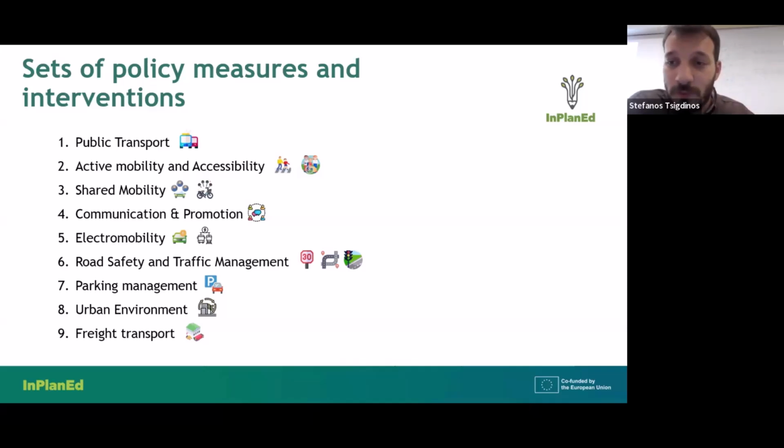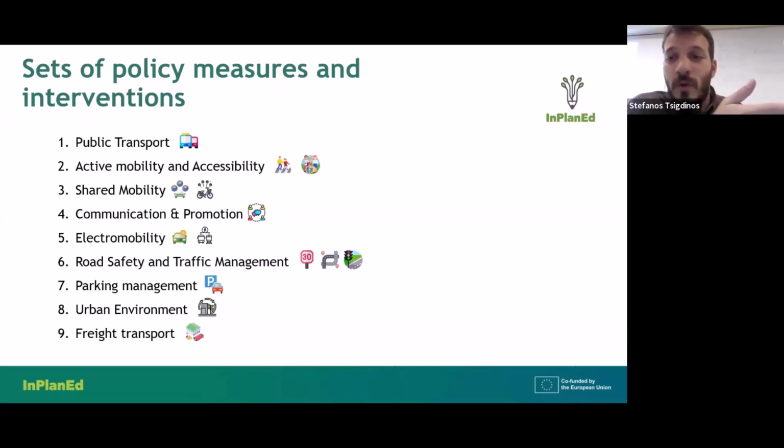So we have public transport, first of all, as a group of measures: creating bus lanes, enhancing the frequency, enhancing green light for buses, creation of a metro line, expansion of a suburban railway. Then active mobility and accessibility, for example, making every sidewalk in neighborhood A, for instance, accessible. This is a measure taken from that group.